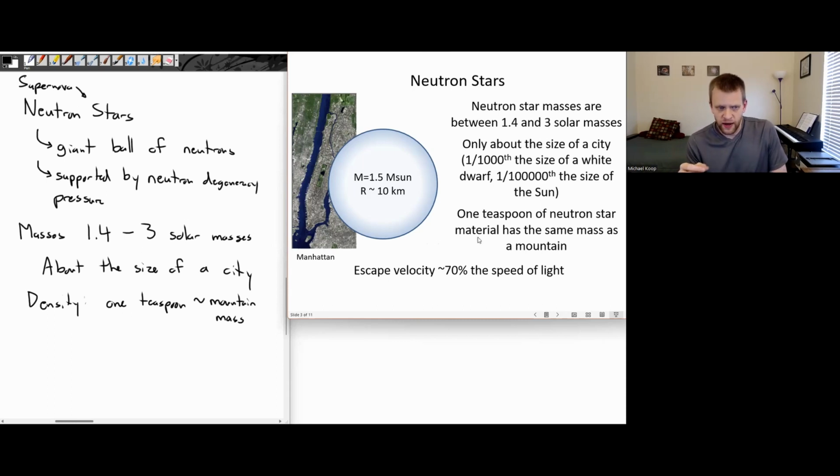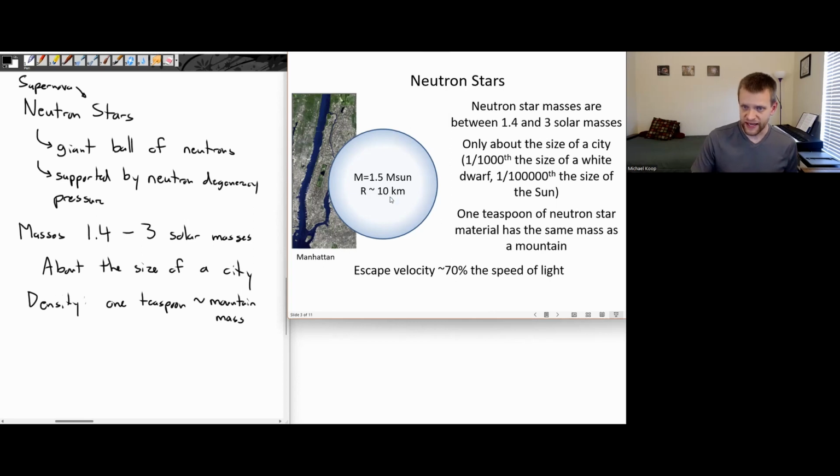So again, since we have a lot of mass in a really small area, and we can get close to this object, the surface gravity of this thing is so high that in order to escape it, you'd actually have to be going at around 70% the speed of light.